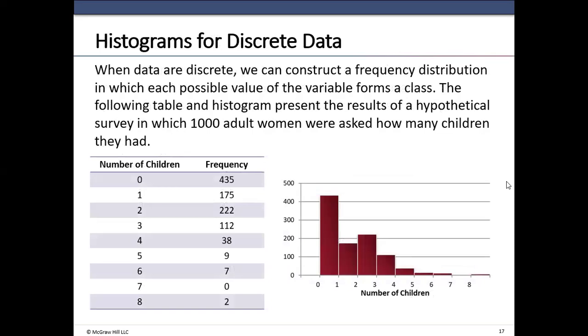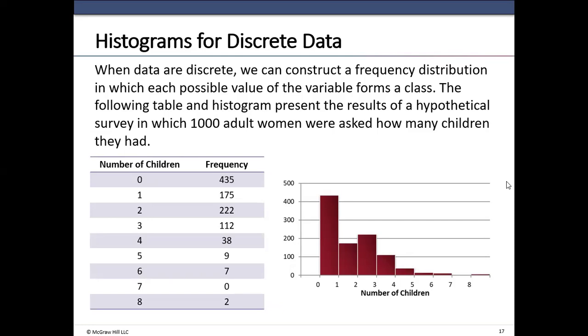This is a histogram of discrete data. Point to note here, because there are no groups in number of children, what do we have? We go from 0 to 1 in the first class. Actually, in most textbooks, they show the middle of the first bar to be 0, which has a frequency of 435. Remember, this is number of children.